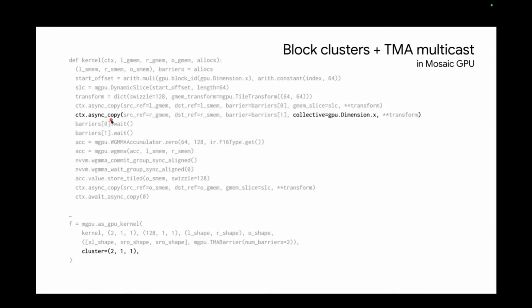And then on the async copy, or in Pallas, this would be copy_gmem_to_smem in this case, you just say, oh yeah, this copy, make it collective along GPU dimension X. Essentially, what this means is that Mosaic GPU will expect you to run exactly this same copy on all of the blocks that share the same X coordinate in the cluster, and it will rewrite the program so that every block only does a part of this transfer, but it will use this feature where it's written to multiple places in the end, and so in the end, everyone gets all the data, right? I think it's pretty cool, and it's just a tiny change to your program.